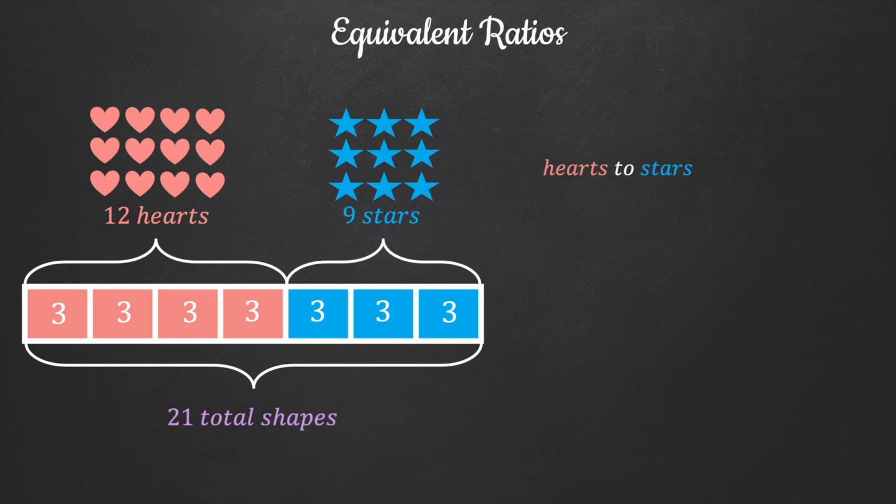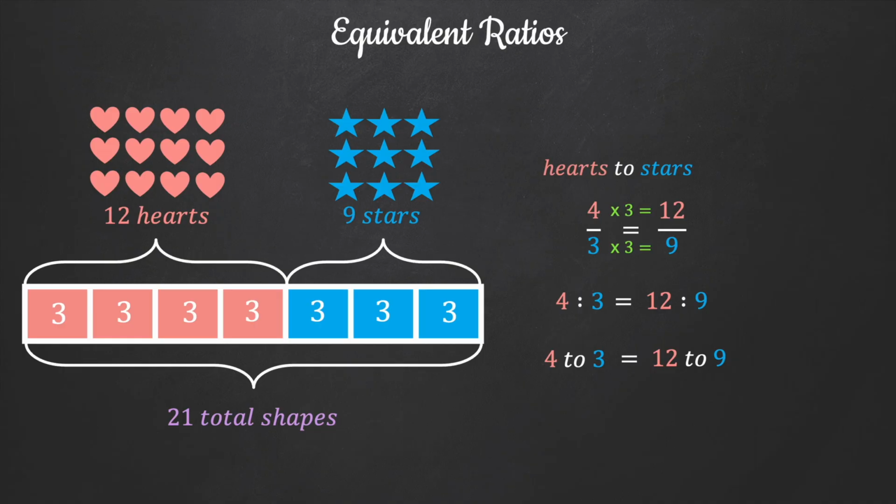So our original ratio of hearts to stars was 4 hearts to 3 stars, but since we tripled it, our new ratio is 12/9. Again, this is very, very similar to equivalent fractions. We're taking our original ratio and we're tripling it. So now we have 12 hearts and 9 stars. And again, we could represent this ratio using a colon and the word "to."